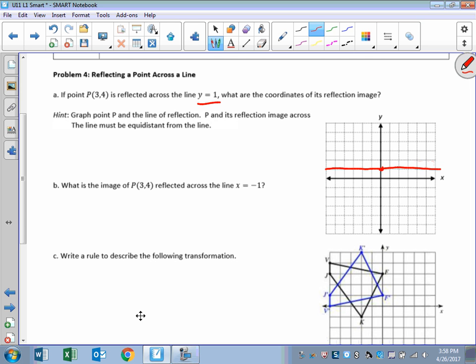It's a little counterintuitive. So if we were to plot this point, (3, 4), that would be up here. So now we just have to count how far it is away from the line and go the same distance in the opposite direction. So point P is 3 above the line y = 1, so we got to go 3 down to plot the new point.